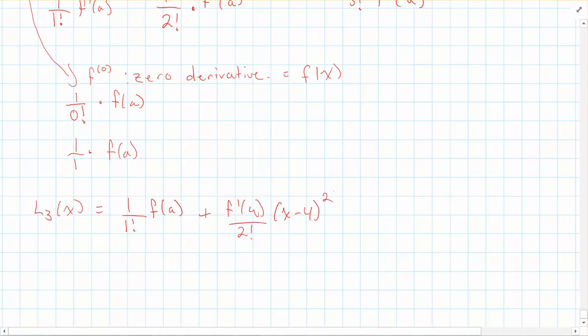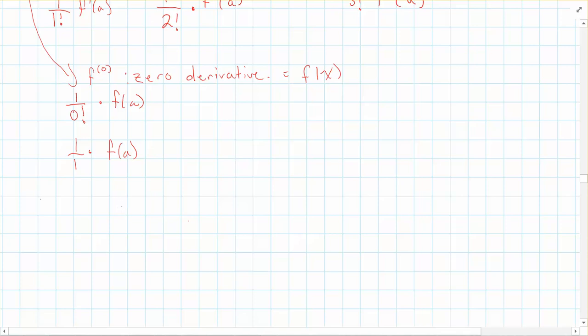Or, I'm sorry, not squared, this is the linear term to the first power. Then plus f double prime, I mixed up here, f prime at a times x minus 4 over 1. Let's erase this all here. Sorry about that. My words got all confused.